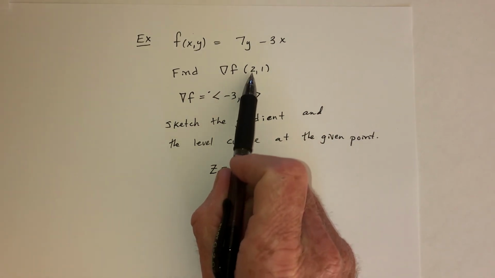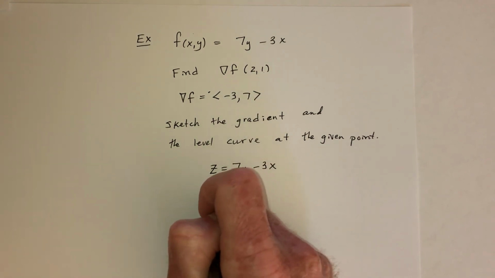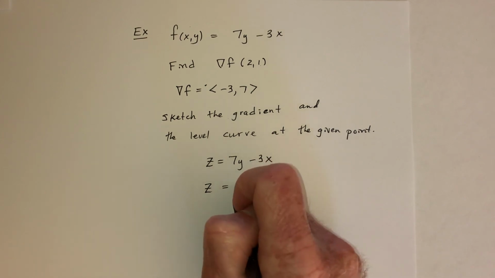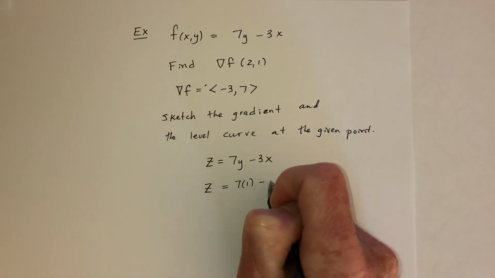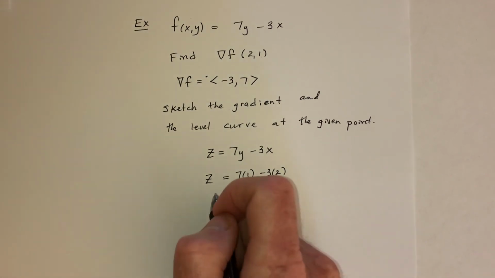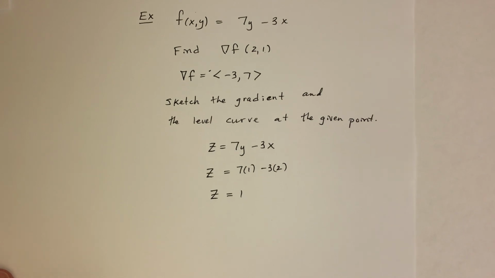Now, if the point is that x is a 2 and y is a 1, we could plug those in. So x is a 2 and y is a 1. And then that would mean that z is equal to 1 at that particular point.